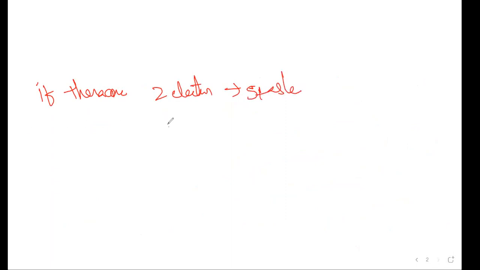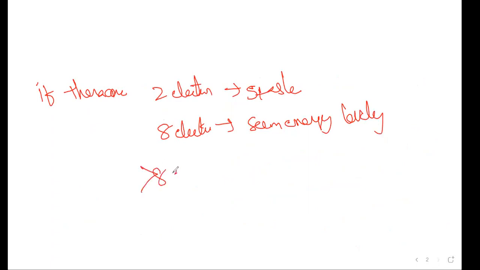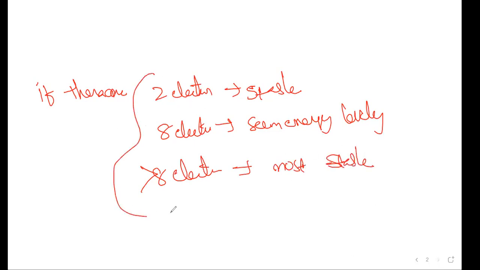If there are 8 electrons, the energy level is the second energy level. If you have more than 8 electrons, it is most stable. So everything depends upon these electrons for the bonding.